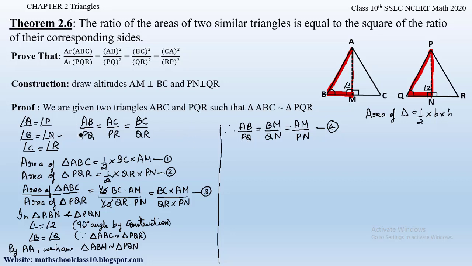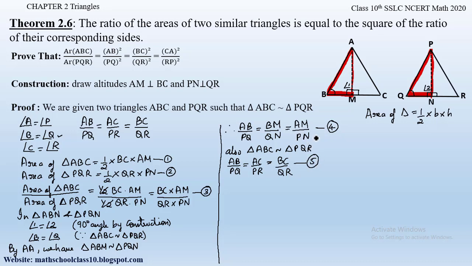This can be done from the proportion that we derived from the similar triangles ABC and PQR, right? And also triangle ABC is similar to triangle PQR. So therefore we get the proportion AB by PQ is equal to AC by PR, and that is equal to BC by QR. So let this be equation 5.